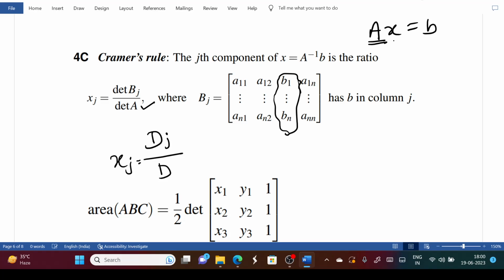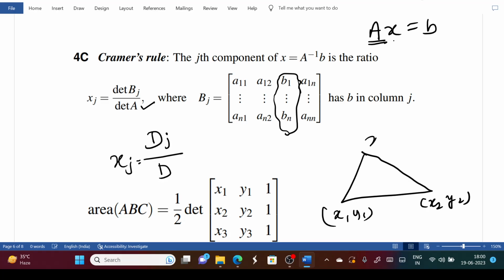Now suppose I have a triangle having coordinates x1, y1, x2, y2, x3, y3. Then the area of the triangle is half into this determinant.